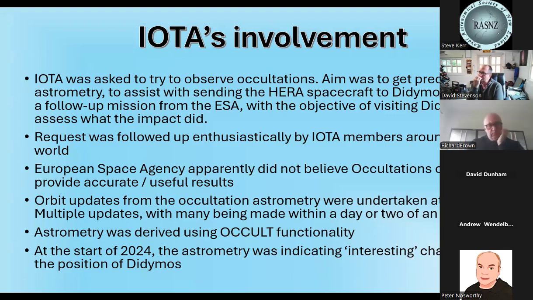The spacecraft is going to fly by Didymus, and the aim of that is to see what the effect of the impact was in terms of changes and so forth, and of course have a probe up there which can look in detail at the whole system and get the position of it as well. And they wanted to make sure they knew where to send the probe to. So getting accurate astrometry was important.